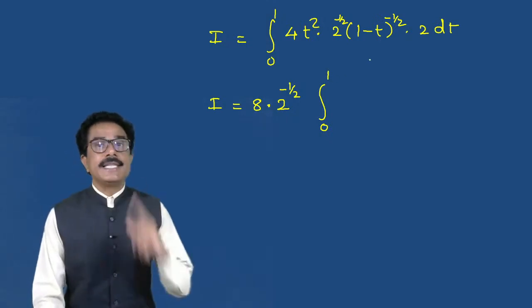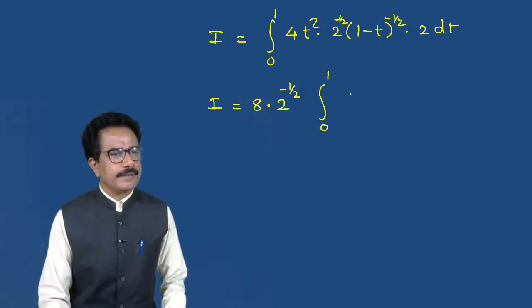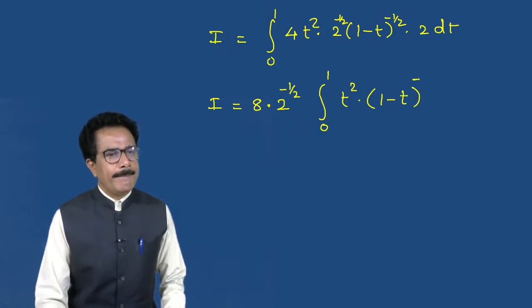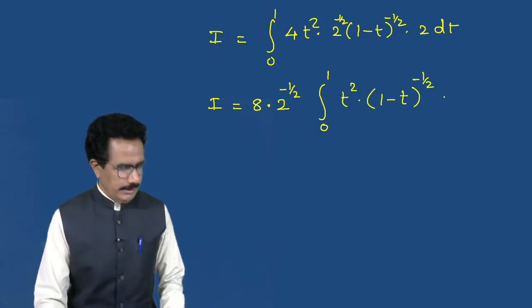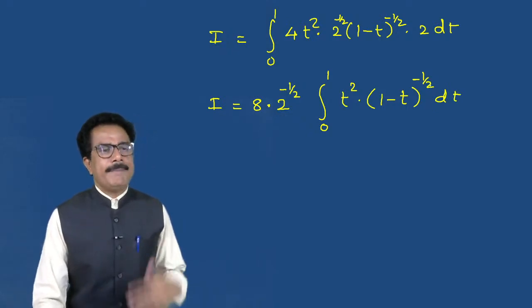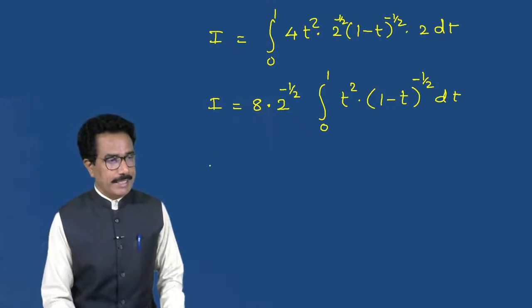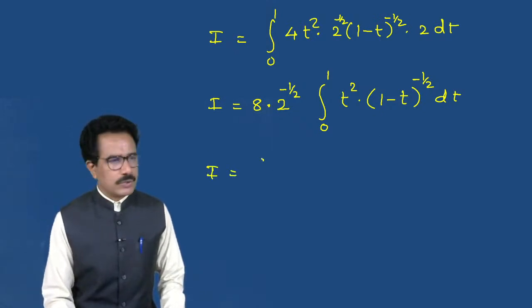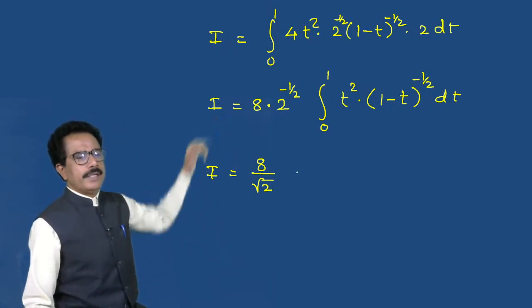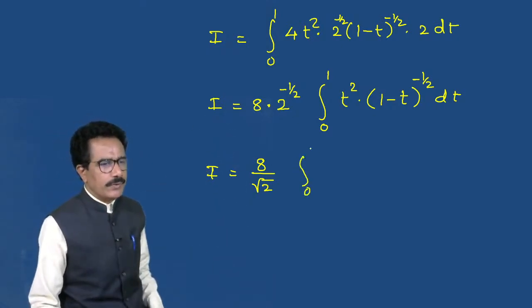We can write this as t square into 1 minus t raised to minus 1 by 2 into dt. Okay. Now replace the minus 1 by 2. So I is equal to 8 divided by root 2, integral from 0 to 1.